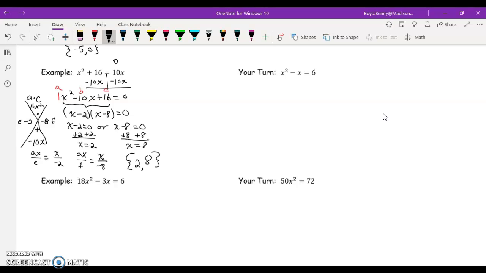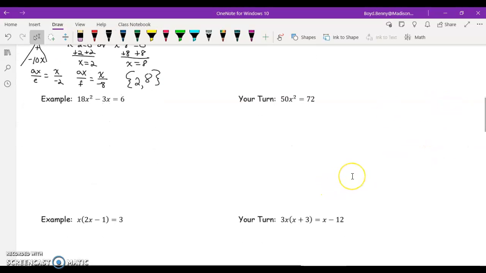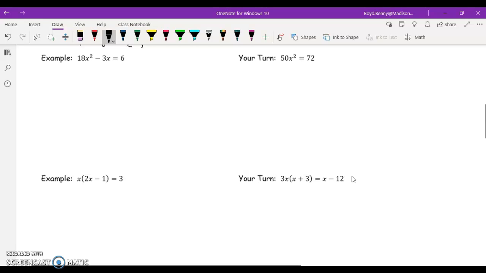All right, let's move on down to a little bit more difficult example down here. So the first thing I need to do is subtract 6 from both sides, because again, I need to have 0 on the right-hand side before I can factor.